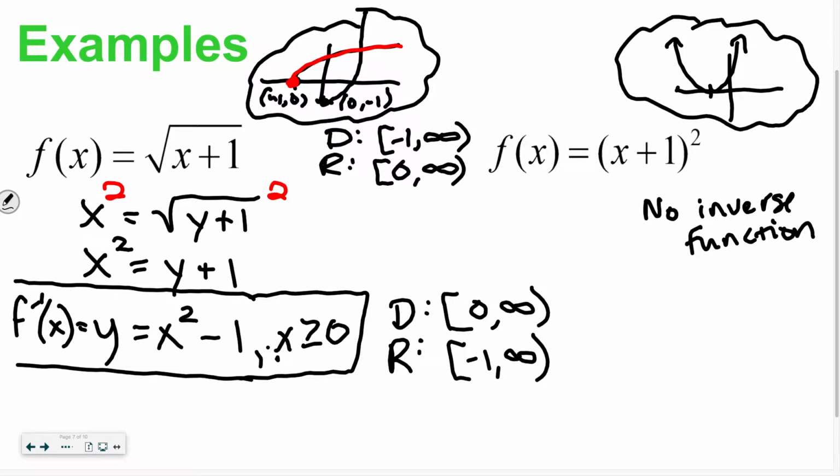Okay. Now, if the book gave you this problem, f of x equals (x plus 1) quantity squared, and then put some kind of restriction behind it, for all x greater than or equal to -1. Think about that one.